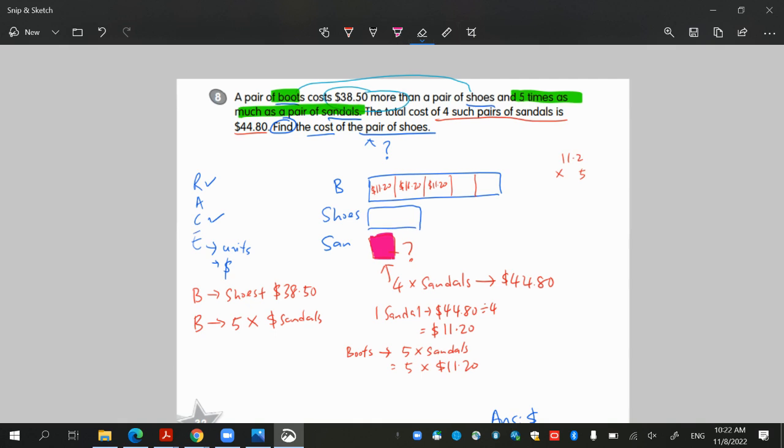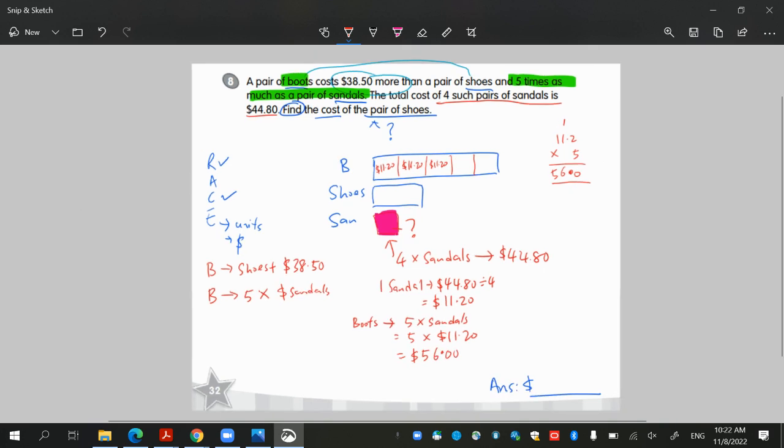Just going to remove the zero at the back so it'll be faster. But I must be careful when I write my dollar sign and symbol. If it's dollars, I'm going to have to put two zeros. So in other words, I managed to find the boots here. This is $56.